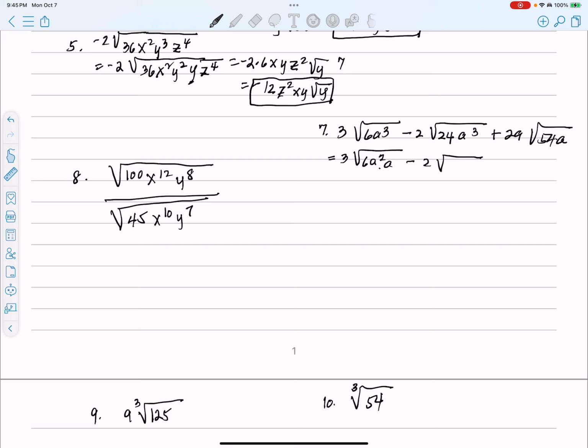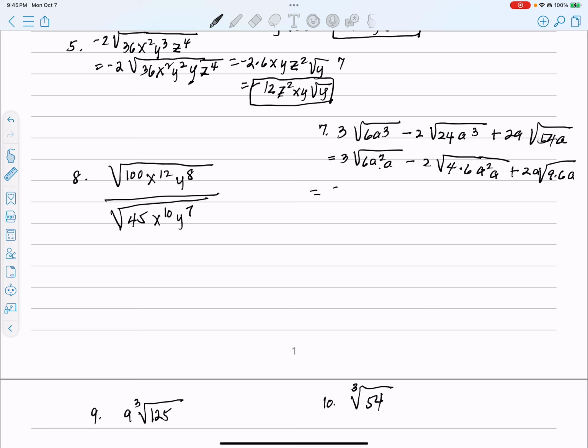One factor is a perfect square, 4 times 6, right? And a cubed is a squared and a. And 2a, square root of 54a can be factored as 9 and 6a. Alright, I can have a perfect square.